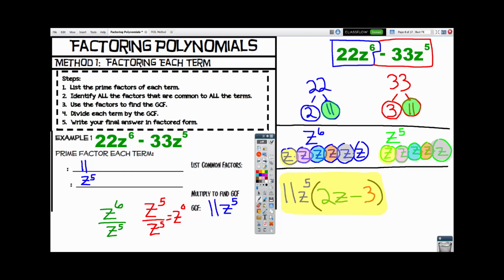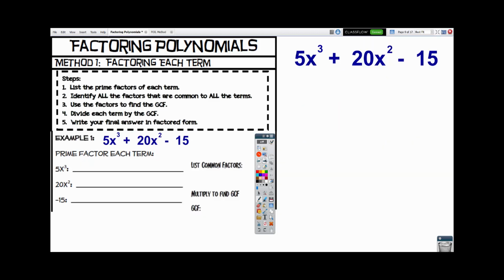We are going to increase the difficulty just a little bit here on this last one, because this time we are dealing with a trinomial. Basically everything we've done in the last two examples is going to carry over to this one, except instead of having two terms that we'll need to write as prime factors, we have 3 this time.